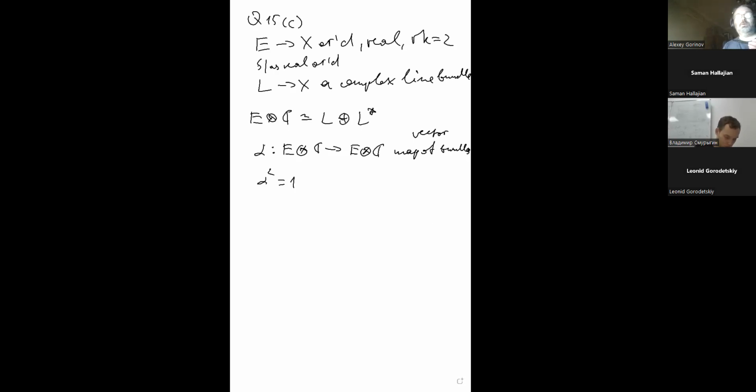The definition is given in question 14, part B.